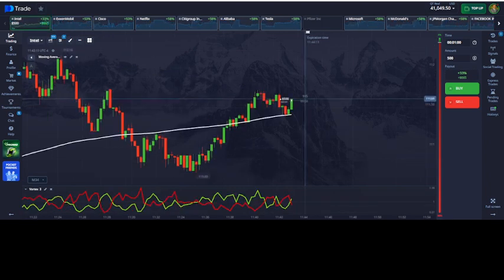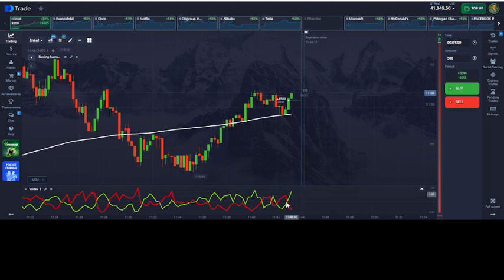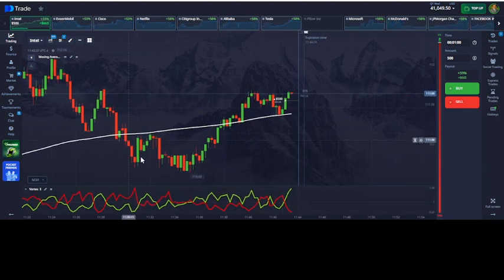Okay, so I'm on Intel and I just took a buy trade here. And the reason I took the buy trade is I waited for that cross of the vortex lines, the plus VI line, the green VI line crossing above the red in an upward direction. In addition to that, if you look at the slope of the 200 SMA, it's sloping upwards, suggesting a bullish trend in the price of Intel currently.